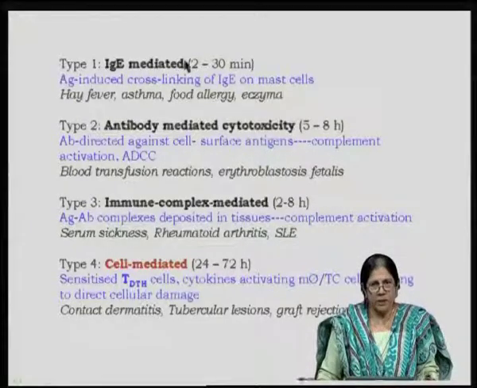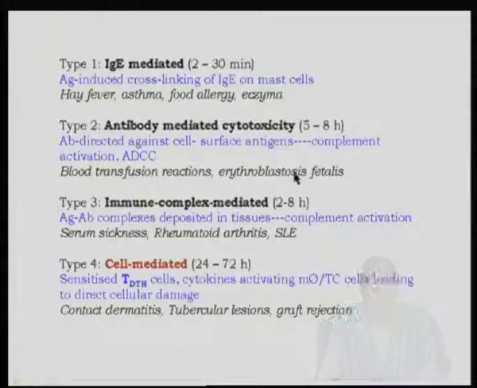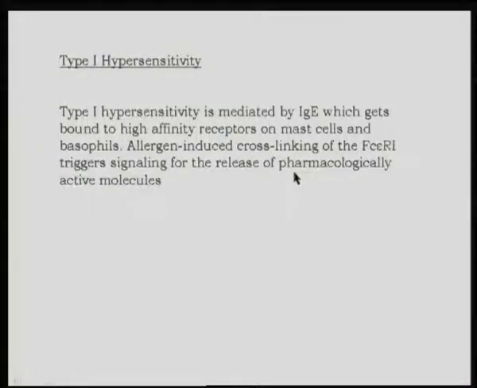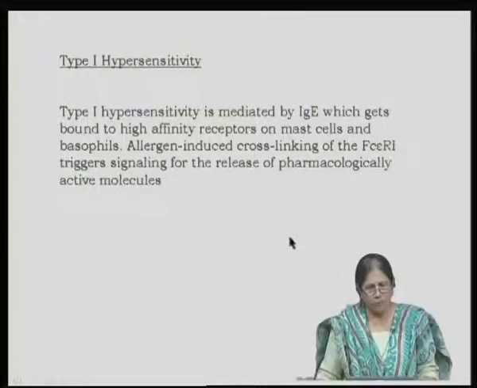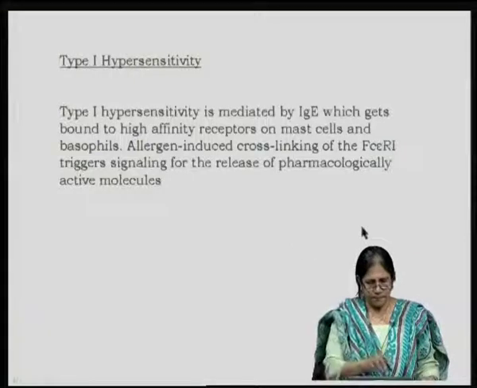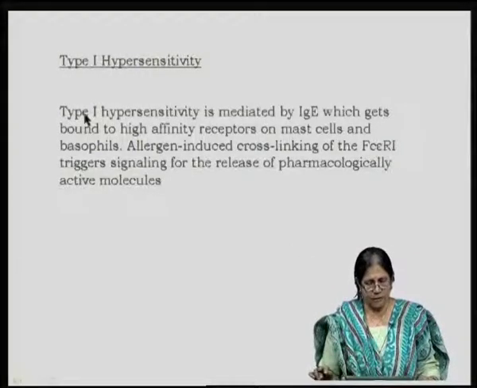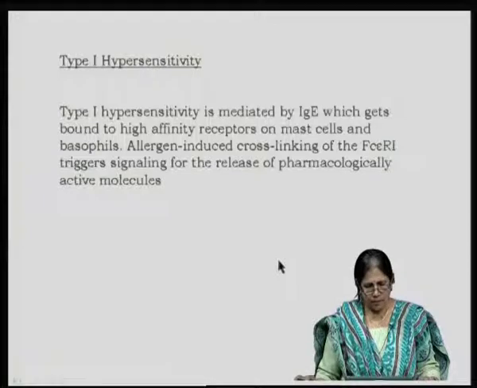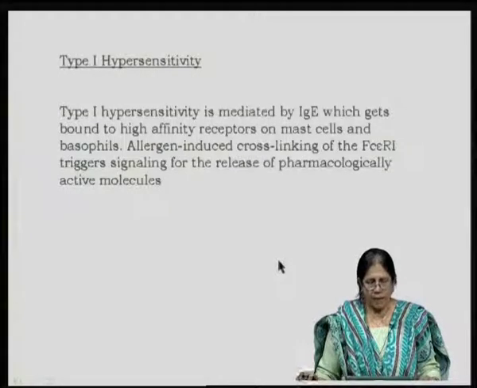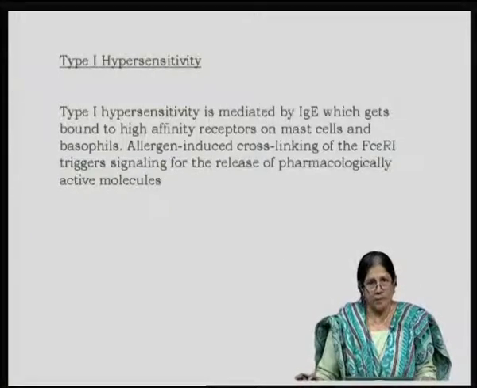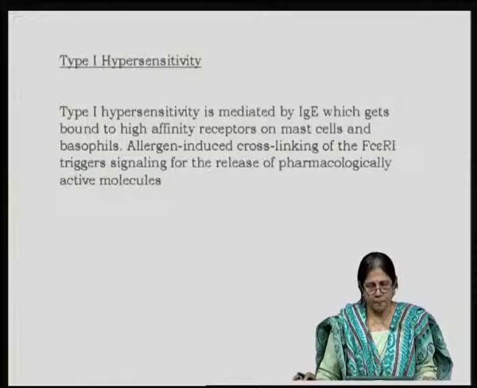Now, I have already discussed, like I said, about type 1, but I will just go over the summary of what I spoke last time. Type 1 hypersensitivity is mediated by IgE, which gets bound to high affinity receptors on mast cells and basophils.